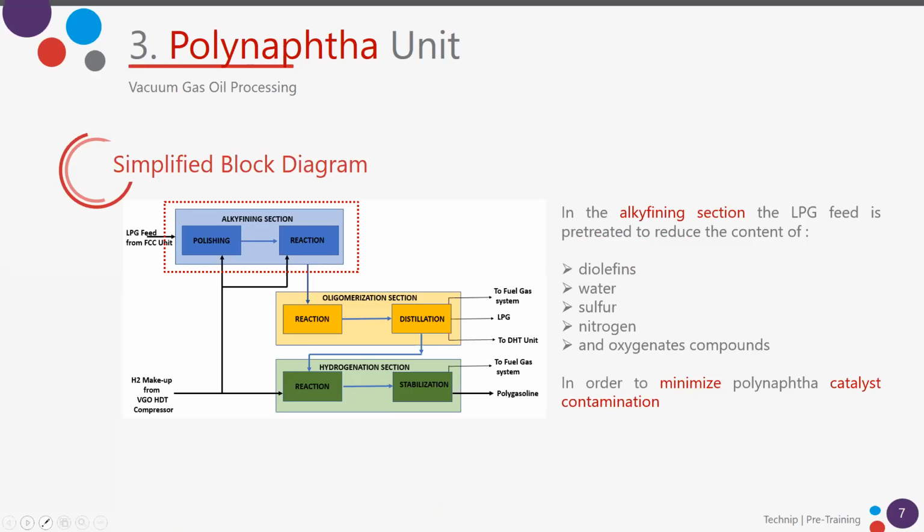Why? Because they are contaminants for the catalysts in the next sections, for all the catalysts involved in the unit. So we have to perform a treatment of the feedstock, and this is accomplished in this section.